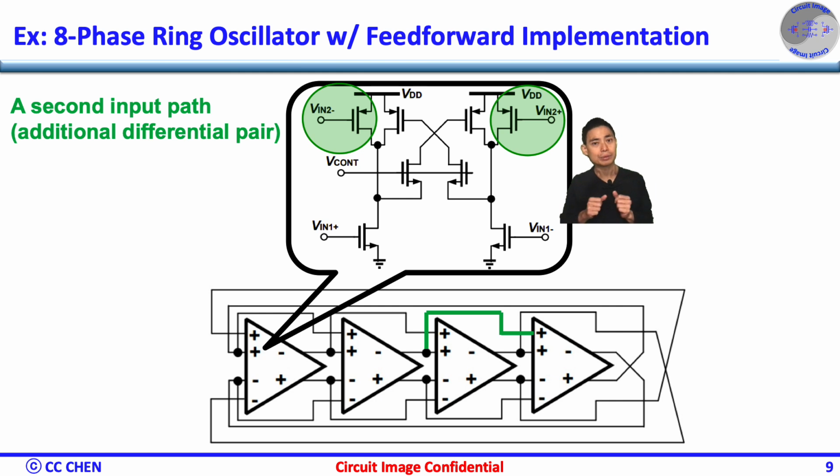In this example, another PMOS differential input pair can be used as the input of the feedforward path. Then, we can connect the feedforward path to the 2-stage delay cell shown earlier.